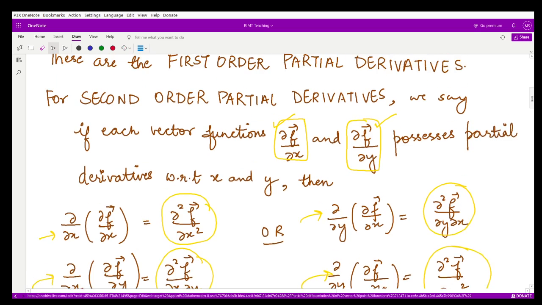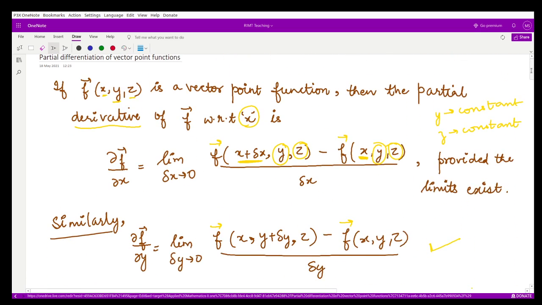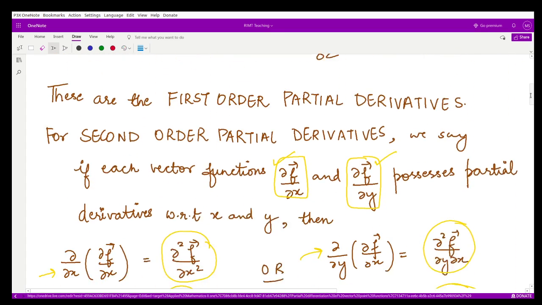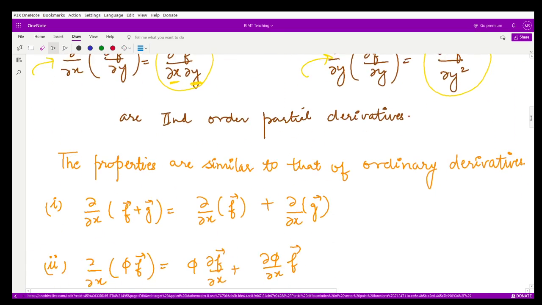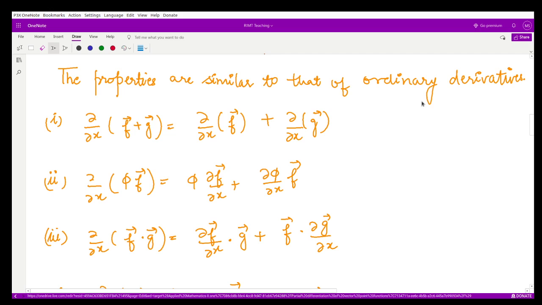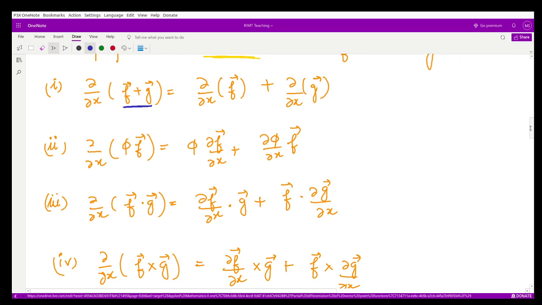These behave in a similar way as we already know for scalar functions, right? For vector functions also their behavior is the same, and moreover the properties are also similar. So we can say the partial derivative of the sum of two functions is equal to the sum of their individual derivatives, right?